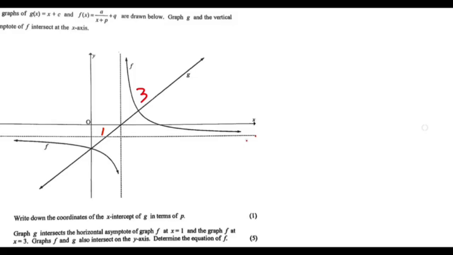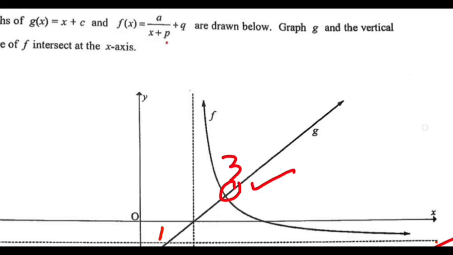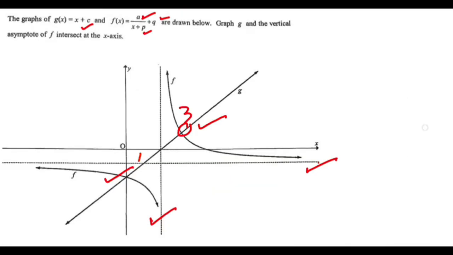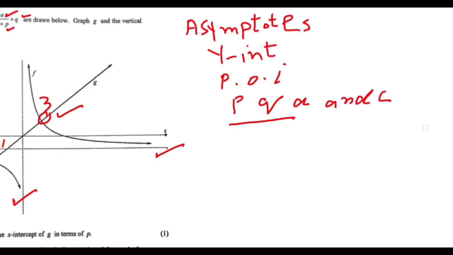We got two asymptotes: this is a horizontal asymptote, this is a vertical asymptote. Then we have the y-intercept, and then we have the point of intersection. Then we have the variables p, q, a, and c. So we're going to utilize this information to solve this question.